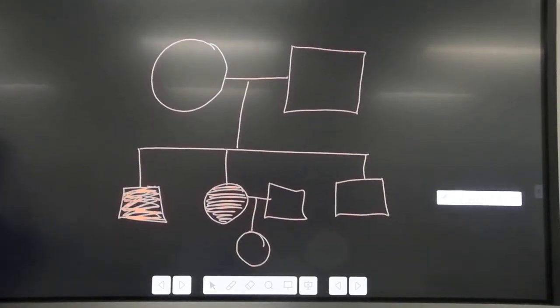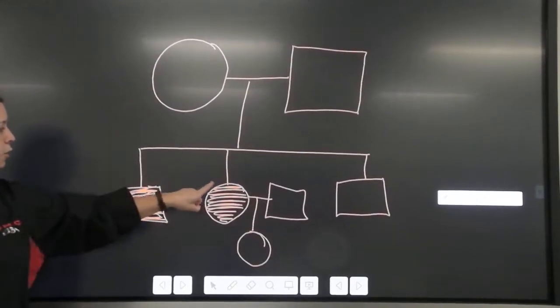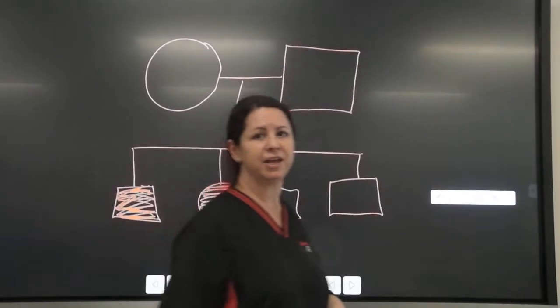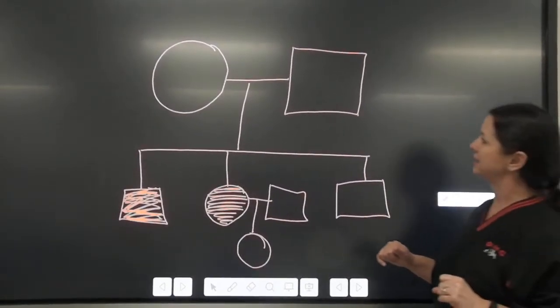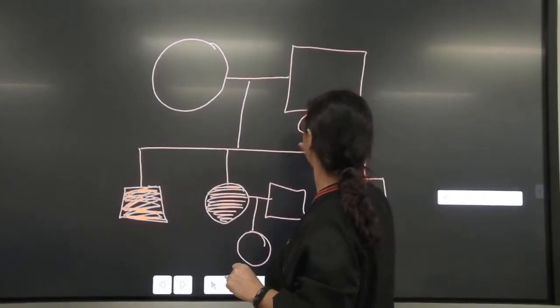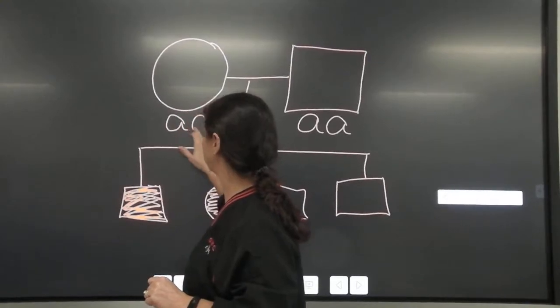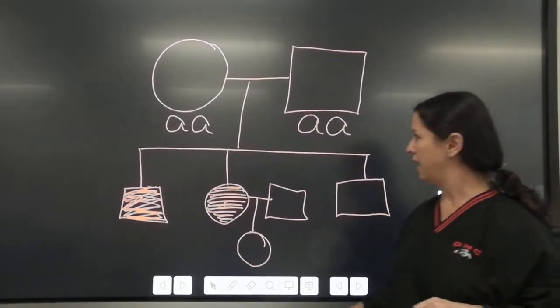All right? And so now we want to figure out if dominant is empty or shaded. Okay? And this is what I want you to think about. Okay? Let's say that we called the empty ones recessive. That would make the filled in ones dominant.